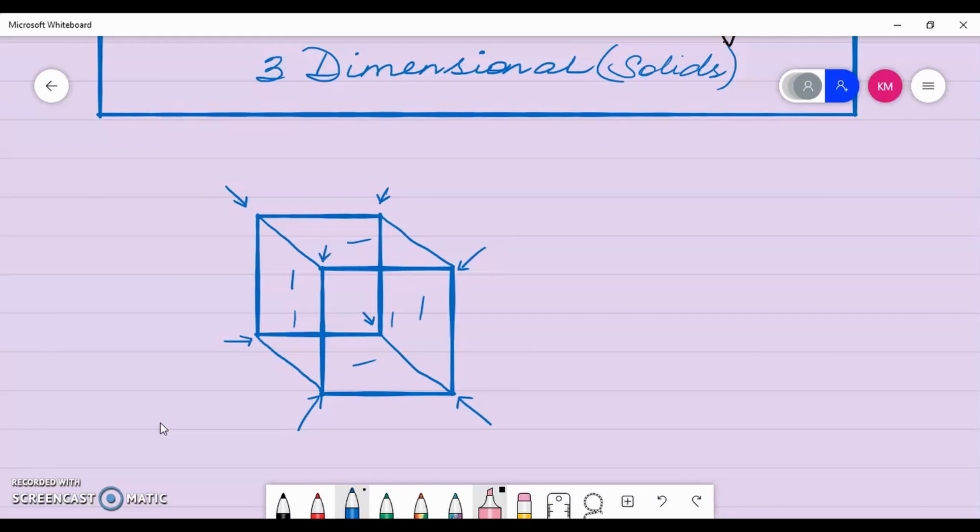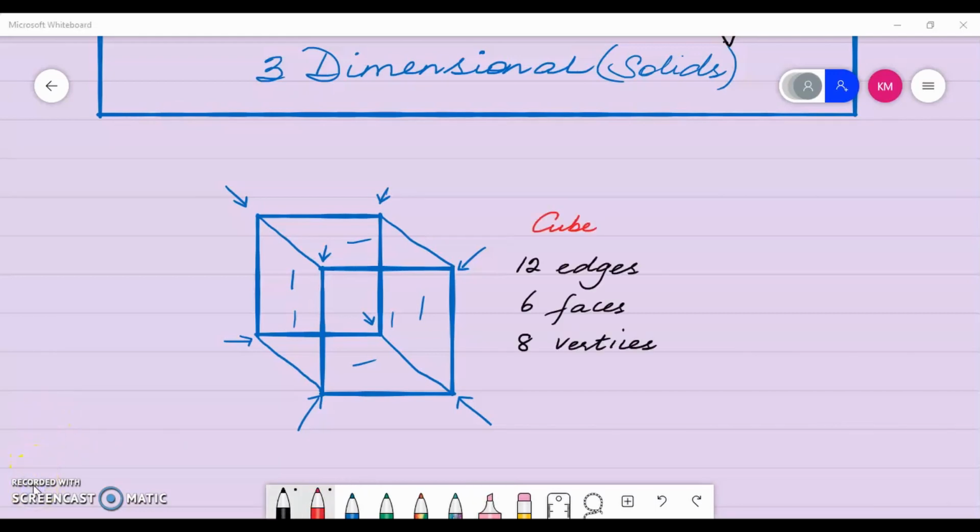So we have 8 corners, and each corner is called a vertex. So we have 8 vertices in a cube. Vertices is the plural of vertex. Okay, so to recap, a cube has 12 edges, 6 faces, and 8 vertices.